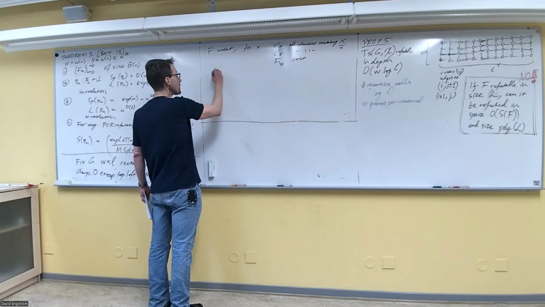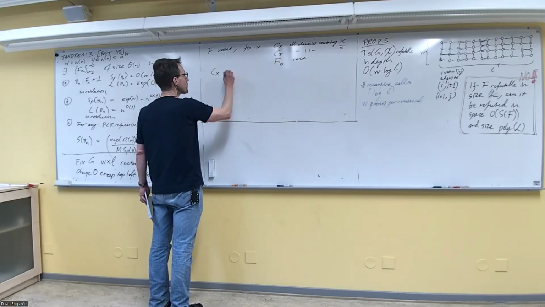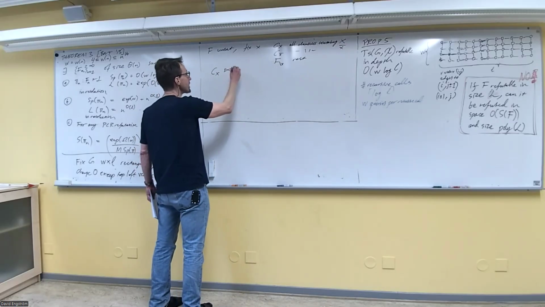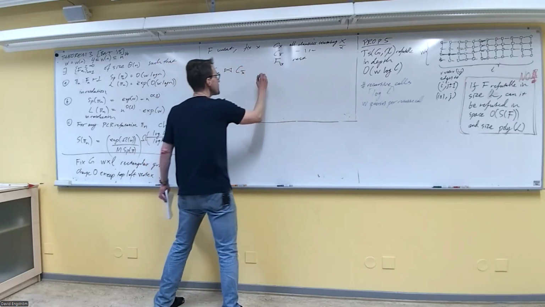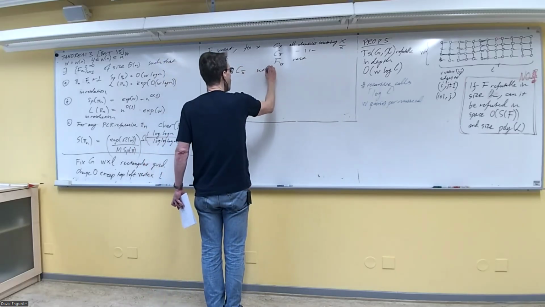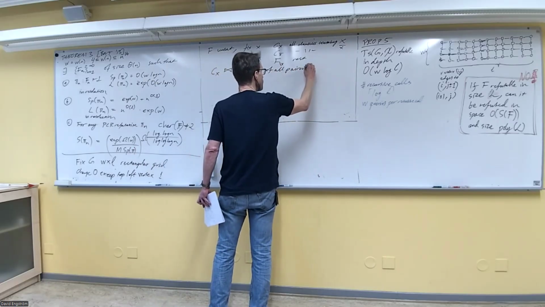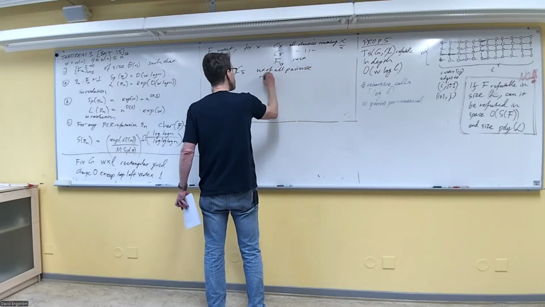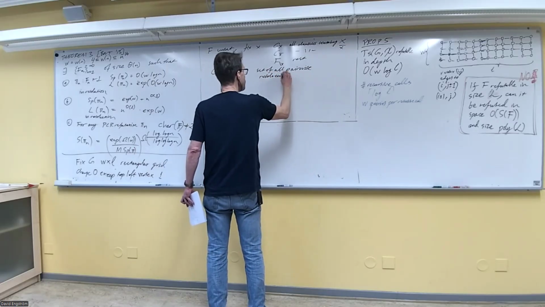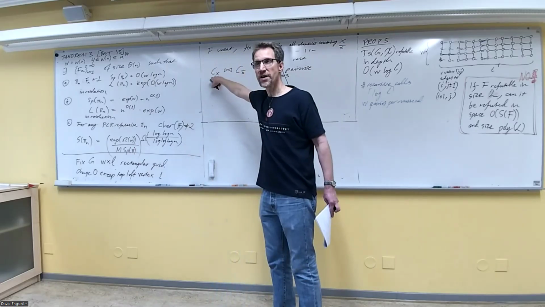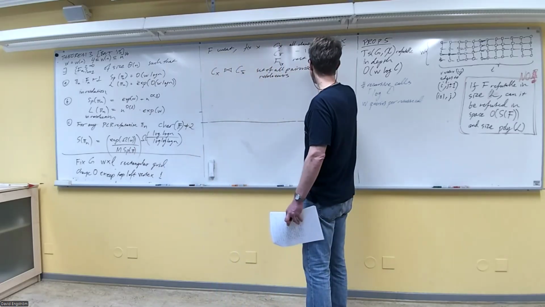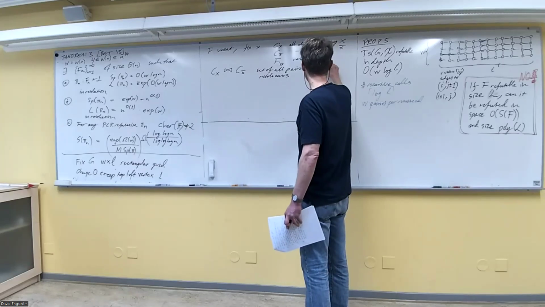And I'm inventing some notation on the fly. Let me write Cx bow tie C not x to be the set of all pairwise resolvents of clauses here and here, except that there could be a lot of trivial ones, and let me throw them away.